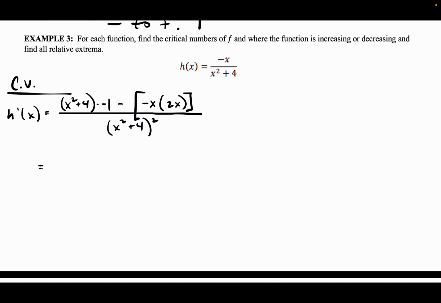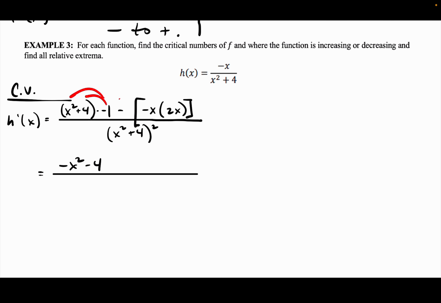Okay, so I'm going to simplify this, distribute. I get negative x squared minus 4. Then I'm going to distribute here and distribute there. It gives me positive 2x squared. Then I can combine some like terms on top.